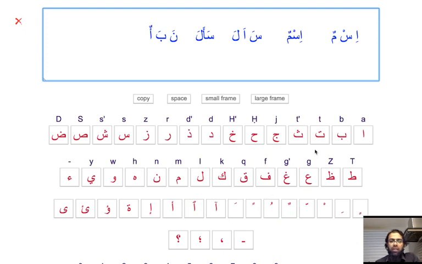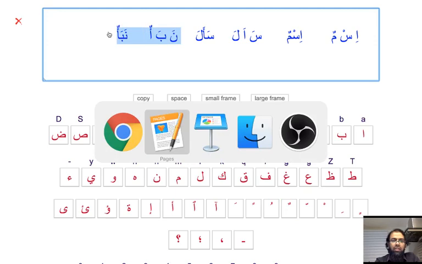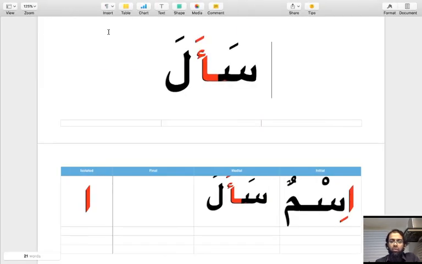So when we join the letters together, na joins with ba, fatha, and joins with alif. So this is naba'un. So this is how alif is written as the last letter of a word.